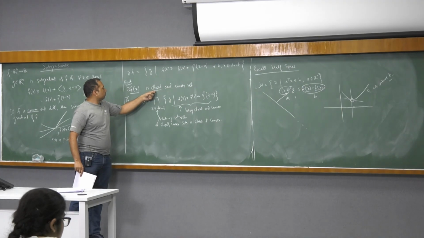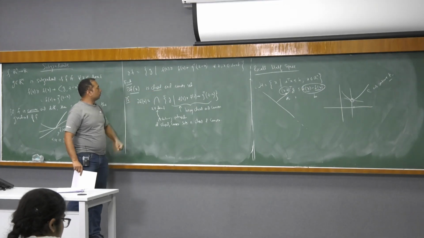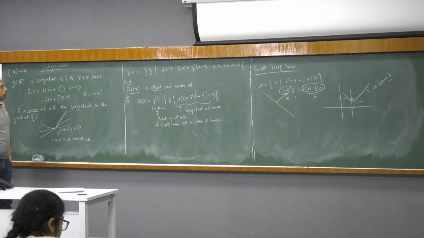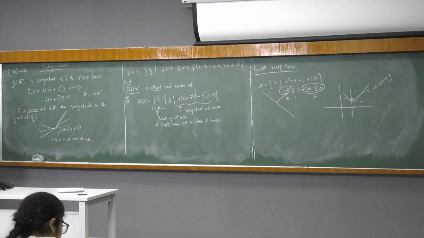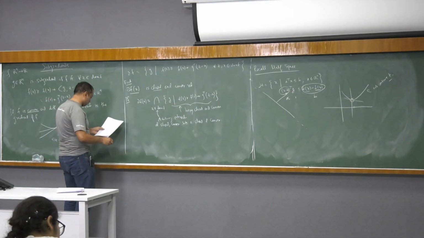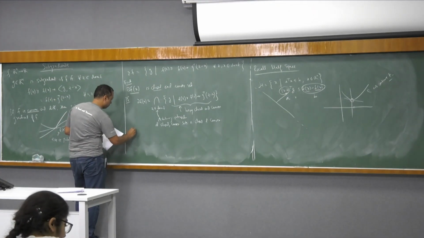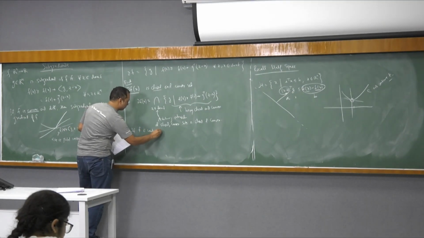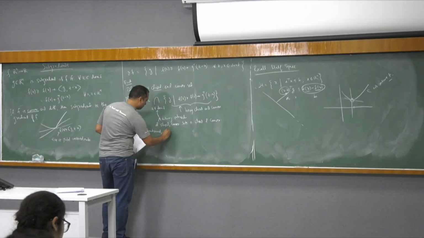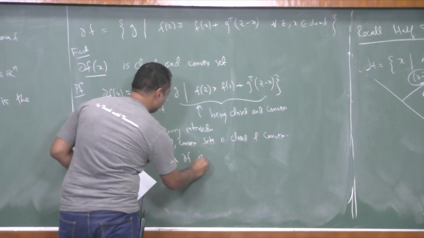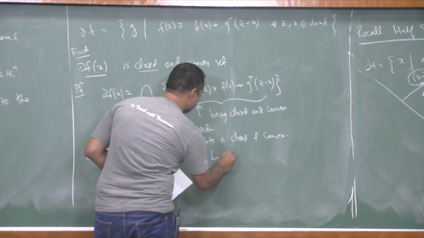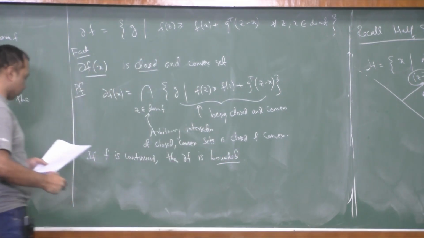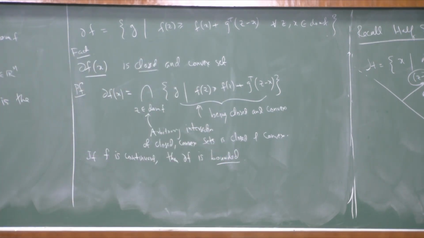So the one way to prevent it from being unbounded is when f is continuous. Okay. So from this intuition we can also say that if f is continuous, then del f is bounded as a set. Okay, we can concretely prove this, but it's not required.